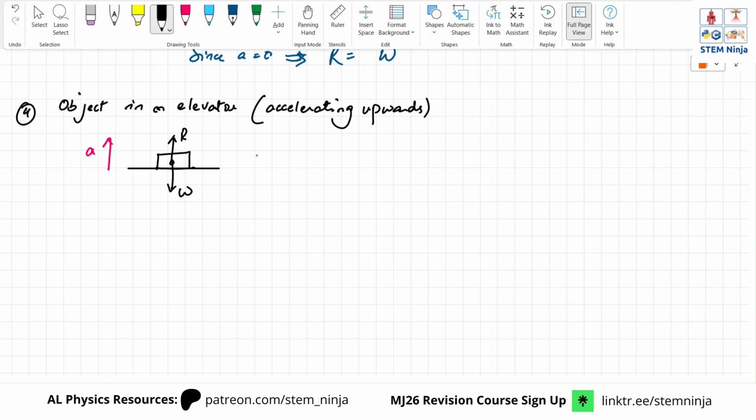So since the acceleration is upwards, you would actually write it this way, sum of forces equals to ma. So in that case, you would notice that the reaction force is equal to ma plus weight, which is your mg. So m times (a plus g).